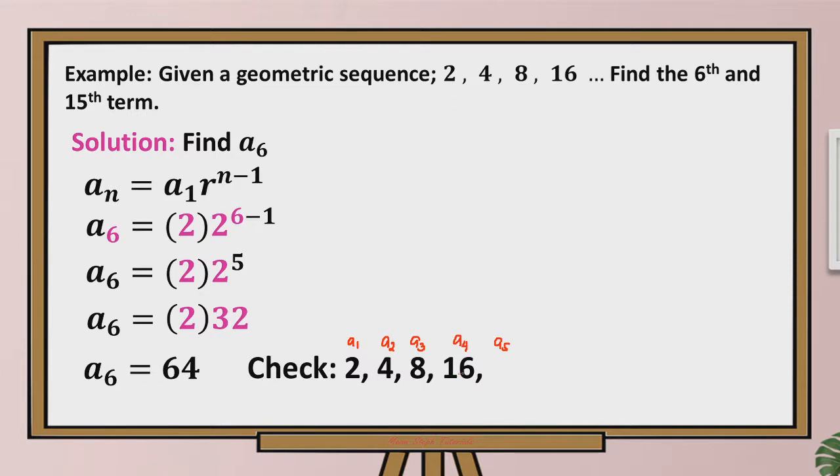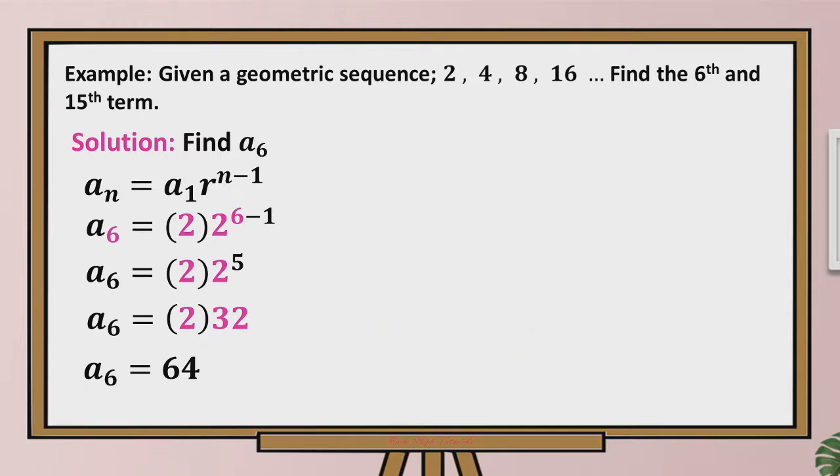So 16 times 2 is 32. That is a sub 5. Then from our a sub 5, we get our a sub 6. So 32 times 2 will be 64. From this, we are sure that the sixth term is 64.